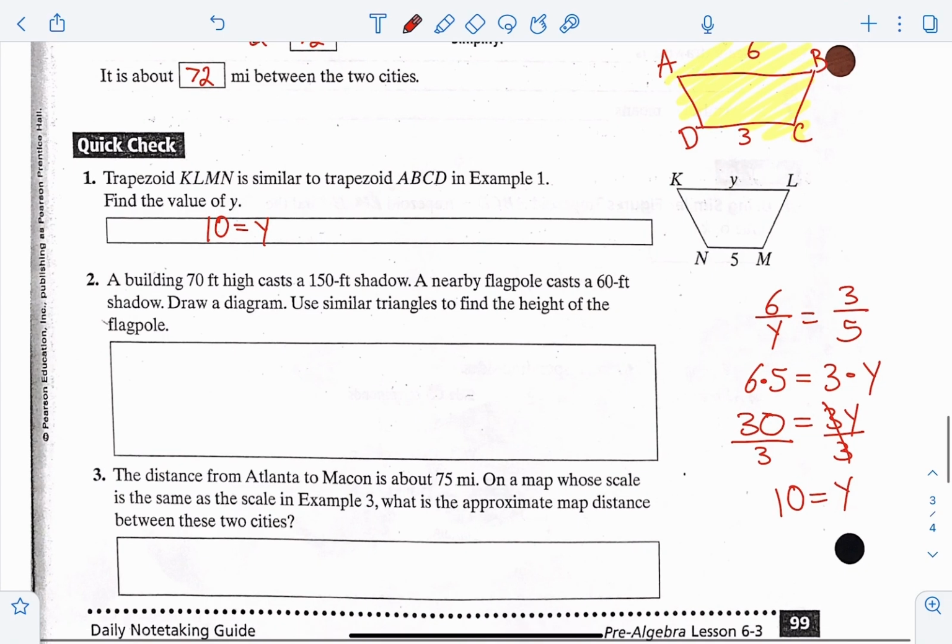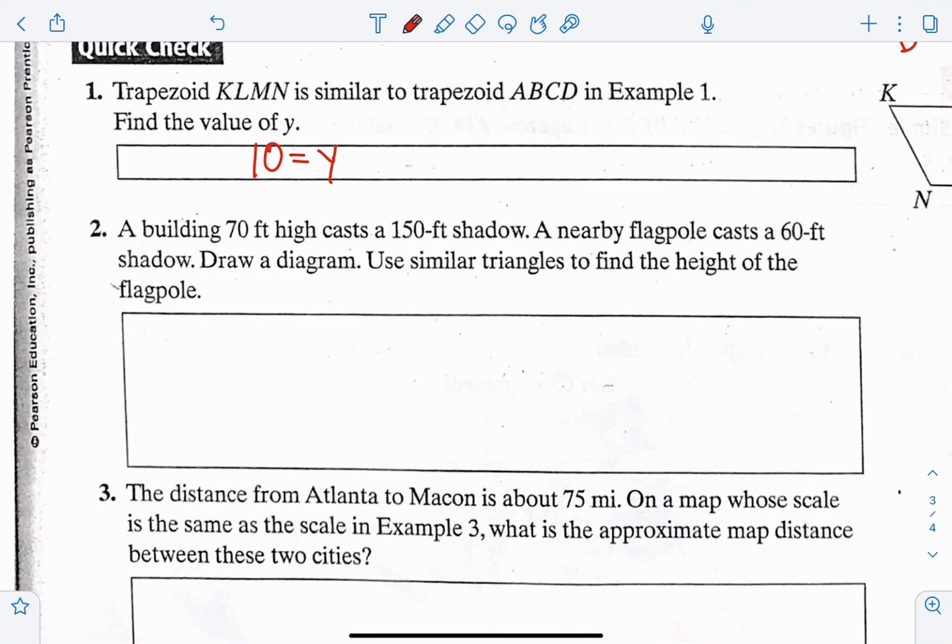All right. A building 70 feet high casts a 150-foot shadow. So 70 feet tall, 150-foot shadow, and that's just going to make a triangle. Okay, that's one. A nearby flagpole casts a 60-foot shadow.